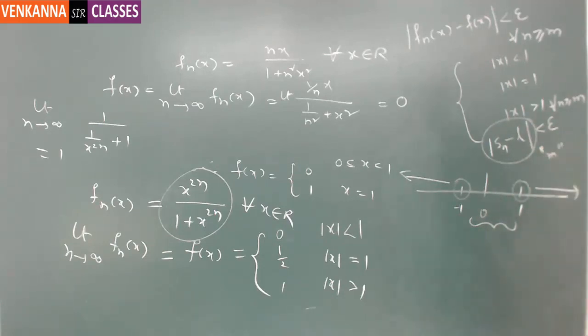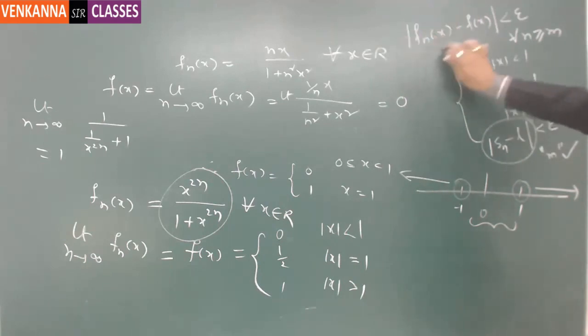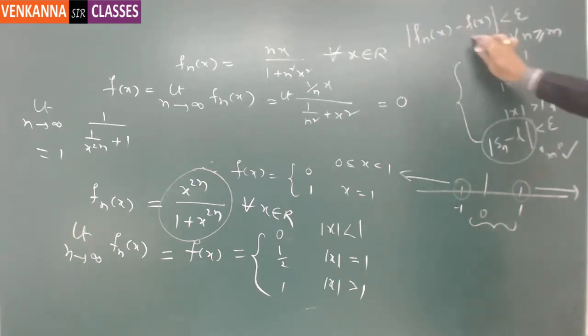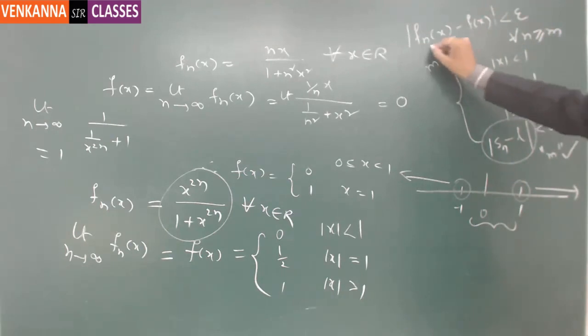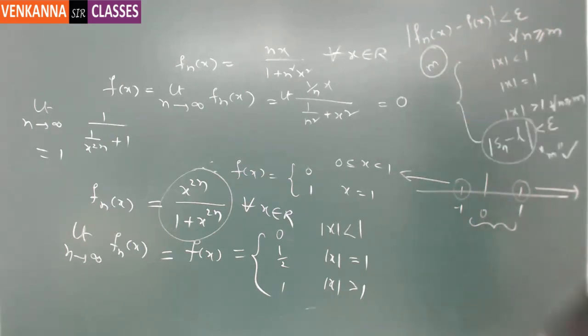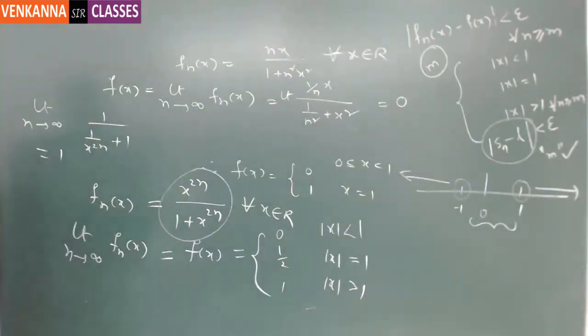Here also, we know the given function fn of x and we know that f is the limit function. By assuming that this value is less than epsilon and simplifying this expression, we mention the term number m possibility. So this is the way of solving the problems. For solving problems, we do this kind of procedure.